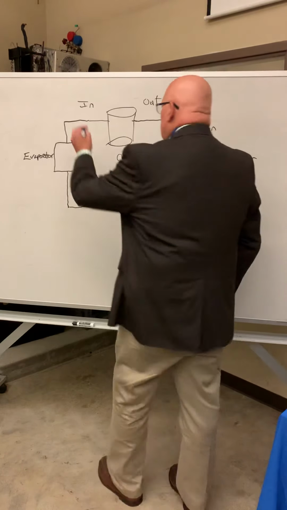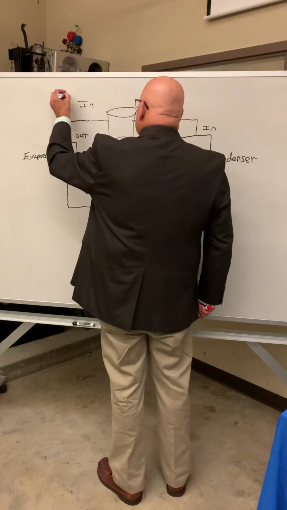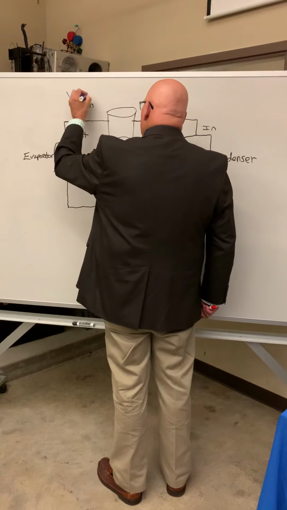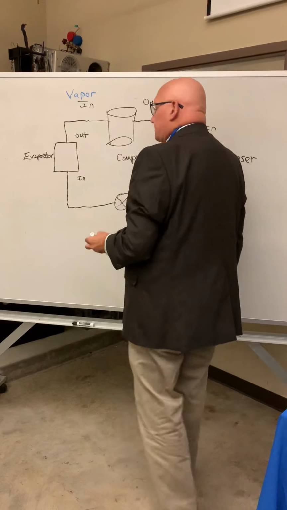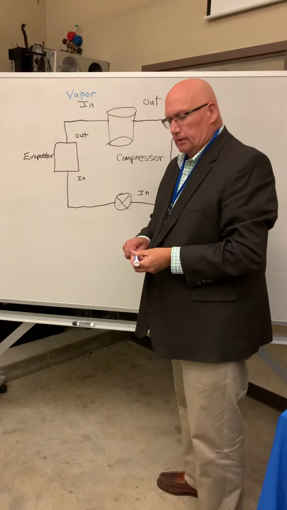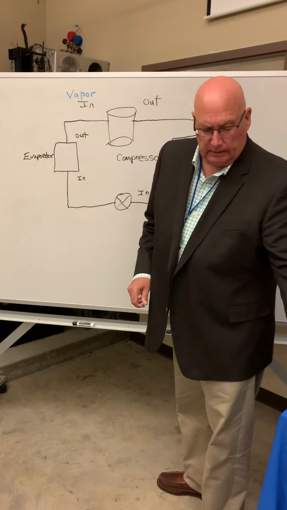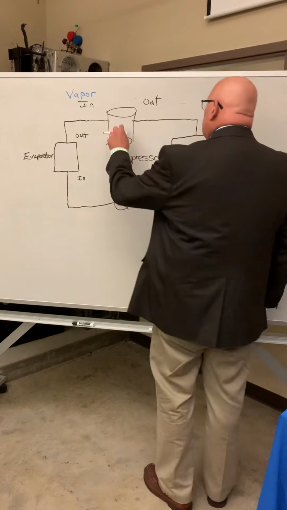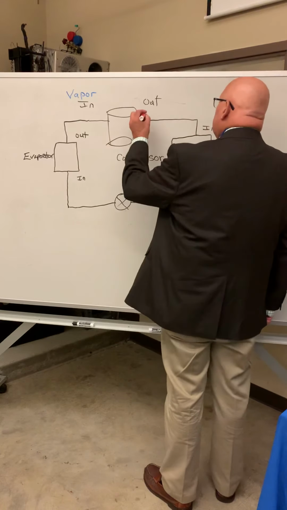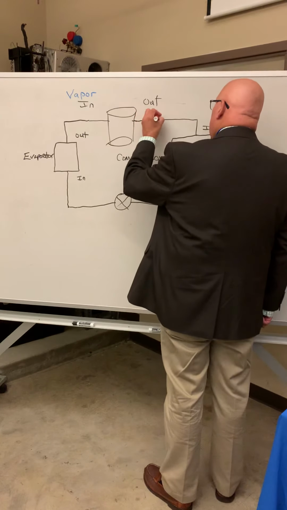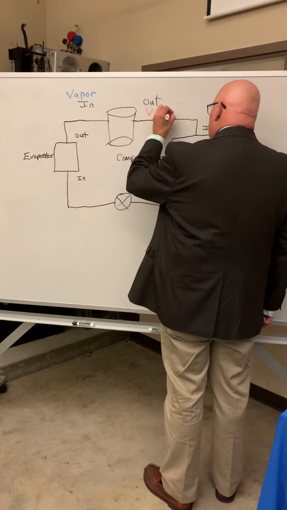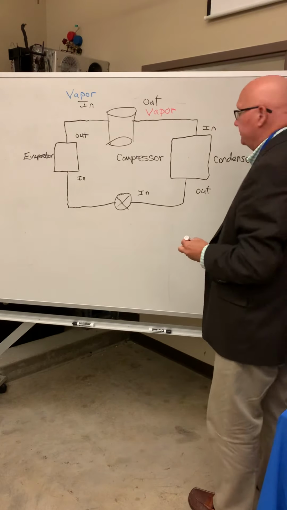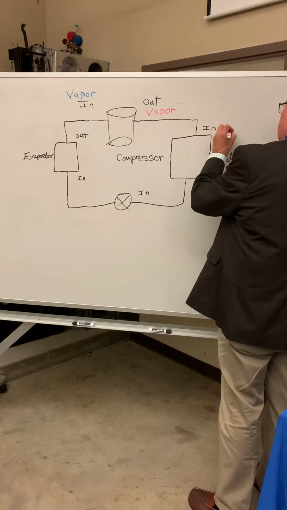So the in here is the refrigerant in a state of matter of vapor. Vapor or gas. Sometimes we use those terms synonymously. The proper term would be vapor. When it leaves the compressor, it leaves as a vapor. When it enters the condenser, it enters as a vapor.